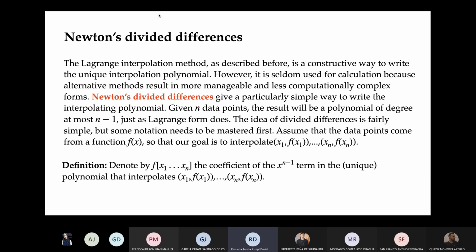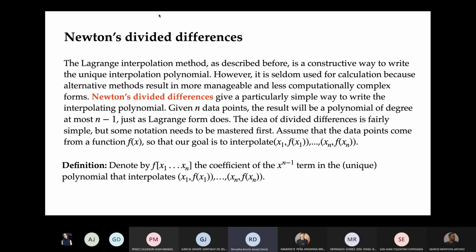This type of polynomial, the Lagrange interpolation, is seldom used for calculation because there are more alternatives that are less tedious computationally speaking. One of the methods that is more efficient for interpolation is called Newton's divided differences.